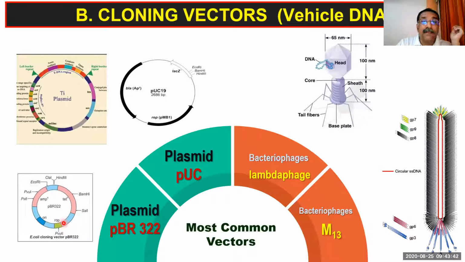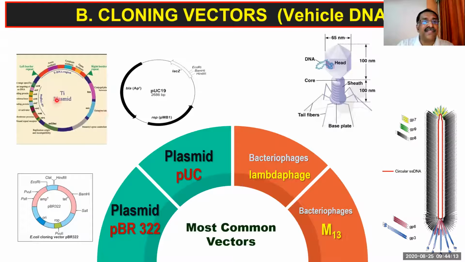And there is another one called pUC, this is pUC19. In pUC19 also you can see the same characteristics: certain specific areas, and the antibiotic resistance genes, which are called marker genes. So this picture you have to keep in mind, the pBR322 and the pUC19.